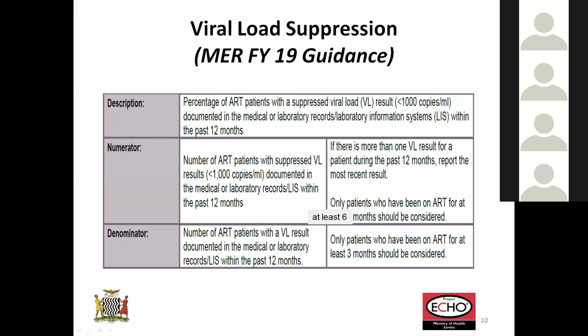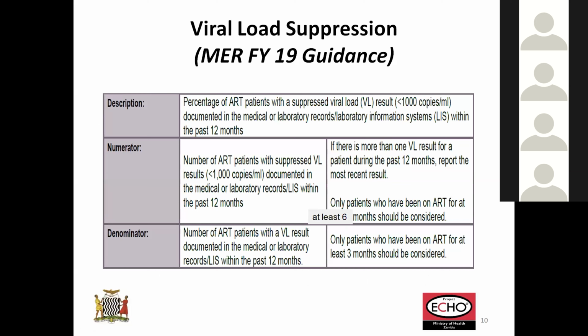So this is the first definition that we all know, and this is just a reminder: viral load suppression. Viral load suppression is made up of a numerator and a denominator. The numerator is the number of ART patients with suppressed viral load, meaning less than 1,000 copies, documented in the medical or laboratory records.